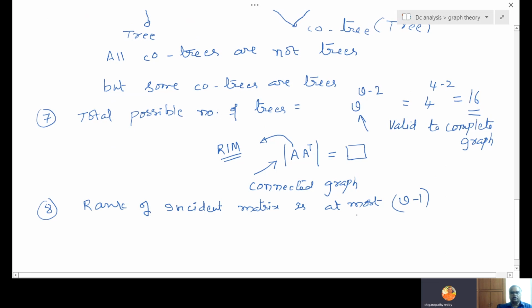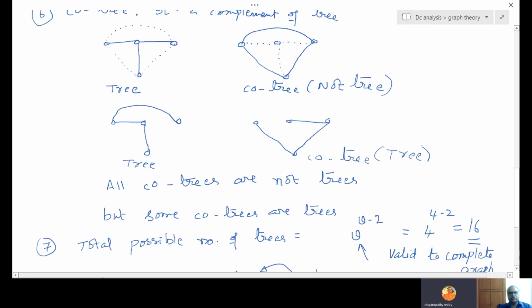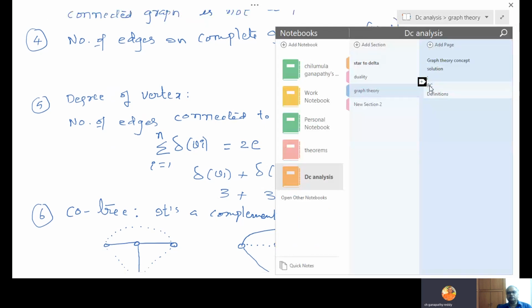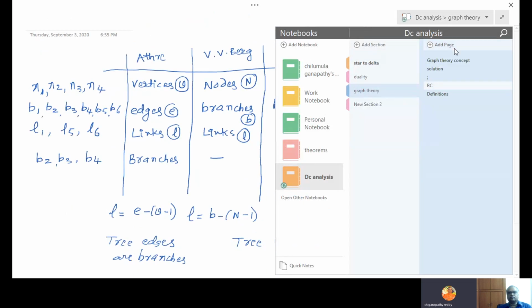At most means maximum. So maximum V minus 1. So in our problem, what is V minus 1? It is 3. But what is the meaning of rank? Incident matrix. Which one I told you as incident matrix?